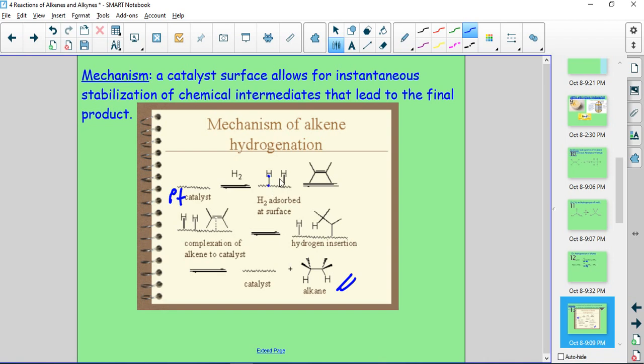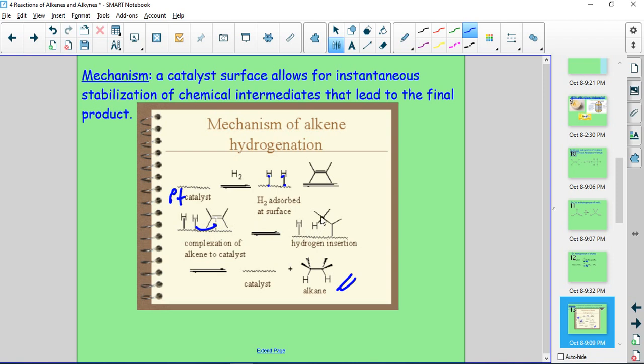Because of, and we'll talk about when we get to types of solids later on in the course, why it can do that. Little hint, the electron sea theory, electrons within the metal surface can stabilize these hydrogens. And in the presence then of an alkene, it can also stabilize that pi bond or that double bond in the alkene, keeping it partially broken, partially formed, allowing for the hydrogen to react with it, right, to lower the energy required during this reaction.